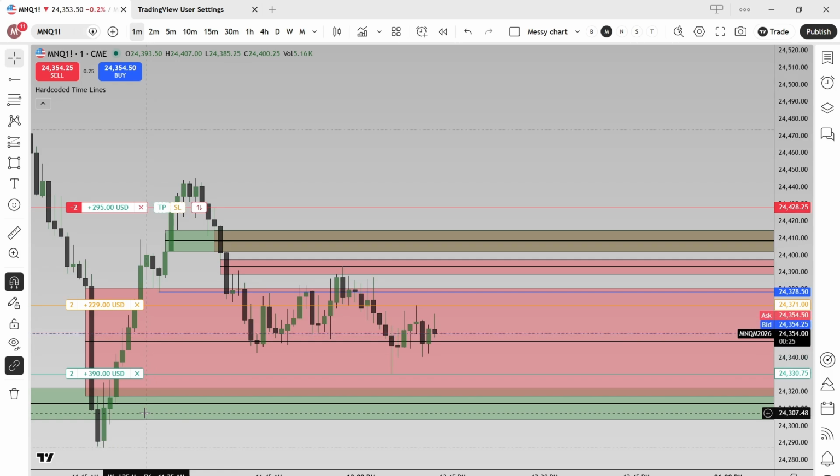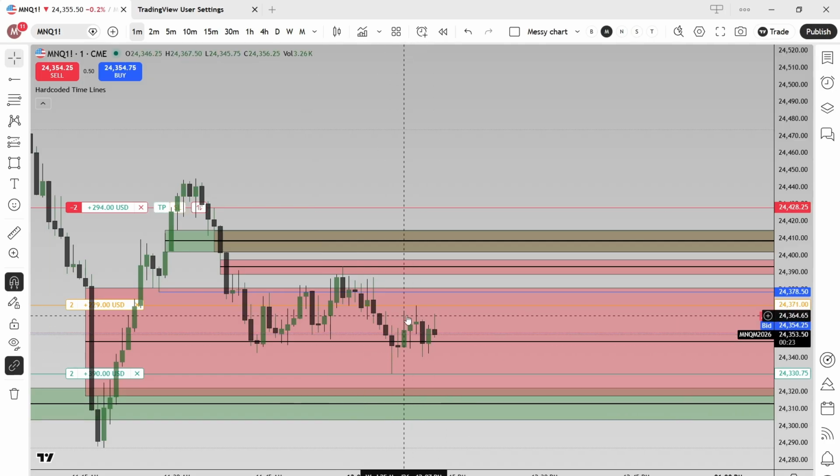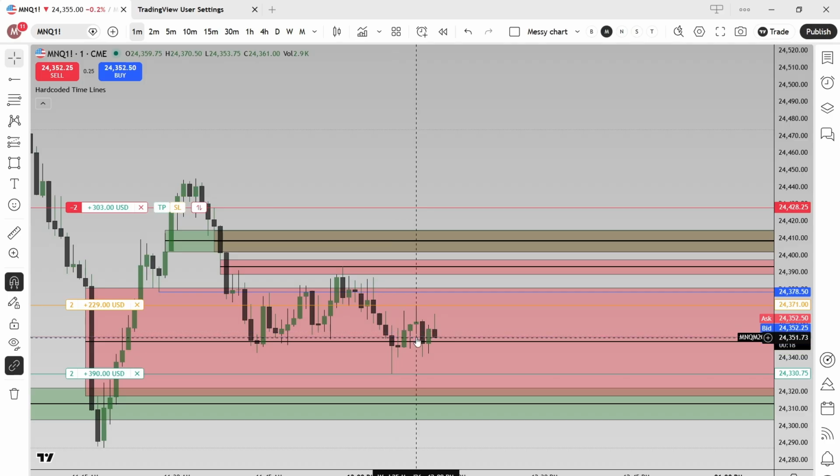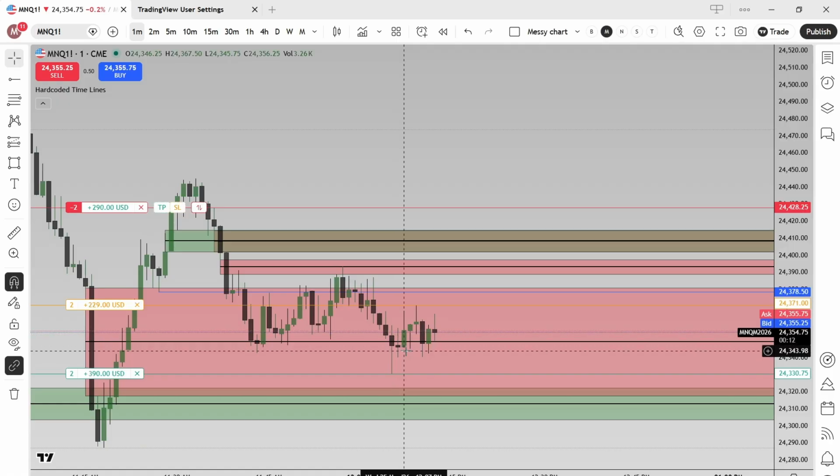Last little attempt to get above this high. Failed. Well, it's 20 seconds left, but I'm assuming it's going to fail. It's going to leave a doji.